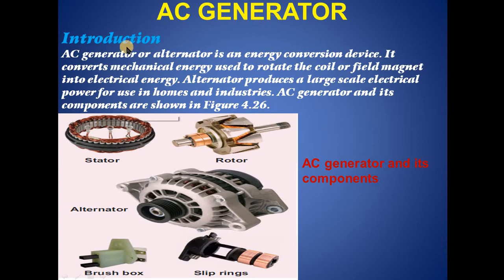So, let me start the introduction about the AC generator. AC generator or alternator is an energy conversion device. Please note it down, children. It converts mechanical energy used to rotate the coil or field magnet into electrical energy.